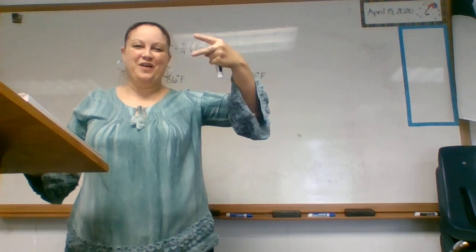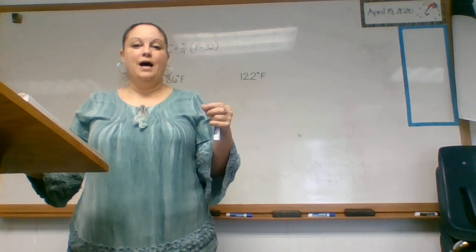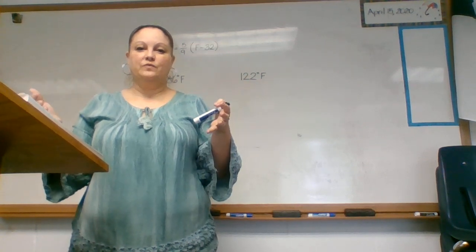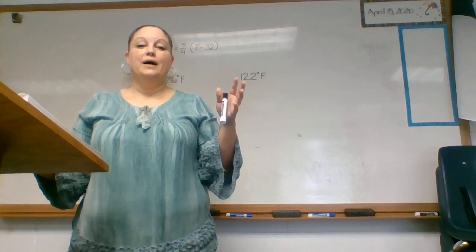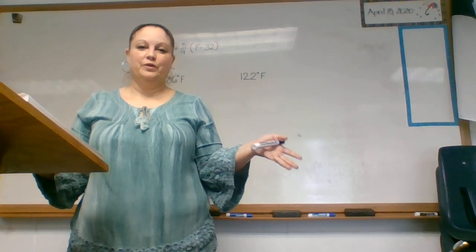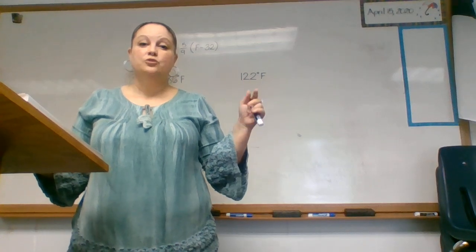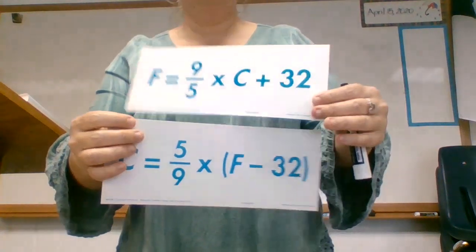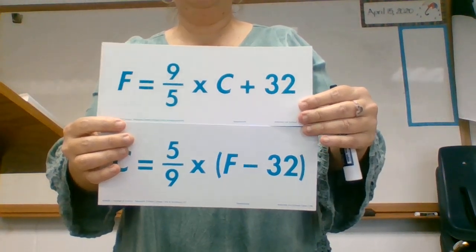5/9, so notice the fraction is flipped, times, and then we've got parentheses, F minus 32. So instead of adding 32 when we're converting the other way, it's minus. So you will have to make sure that you keep track of the differences of the two.